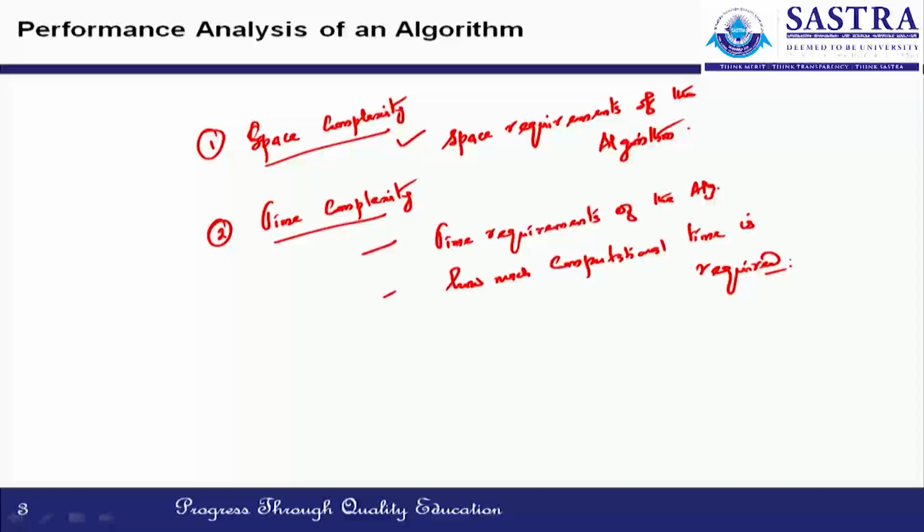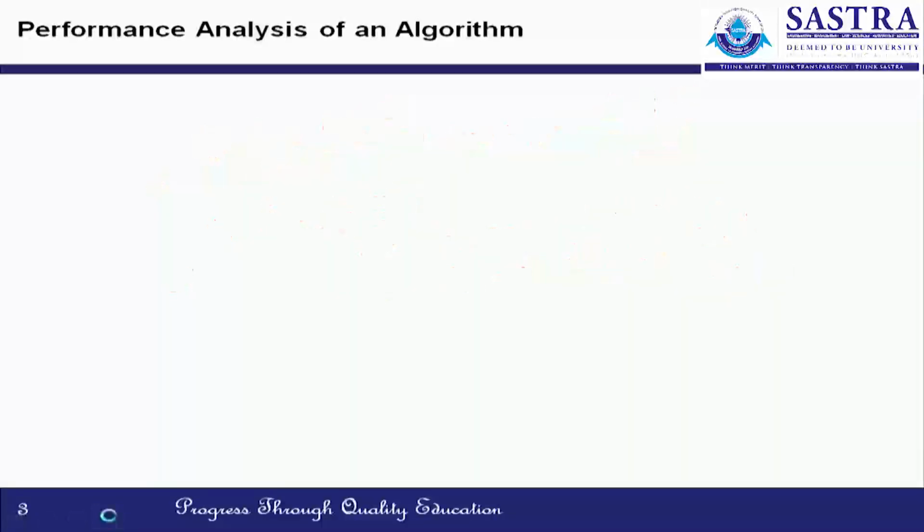Hence, in the performance analysis of an algorithm, we need to focus on two important complexities. One is the space complexity and another one is the time complexity. Now, let us explore the space complexity of an algorithm. Space complexity of an algorithm defines the space or memory requirements of an algorithm.